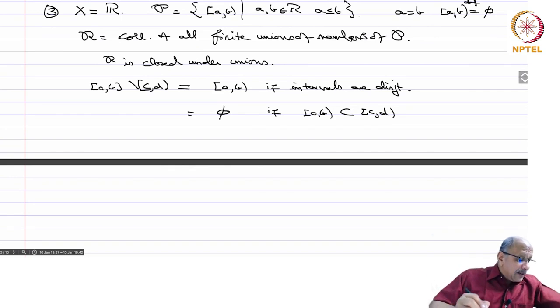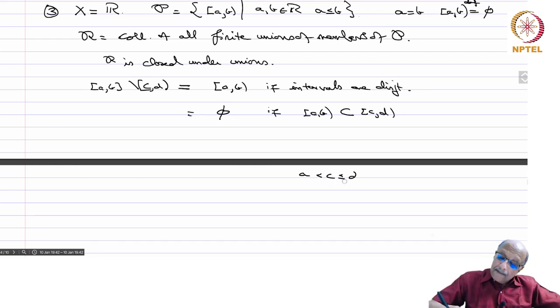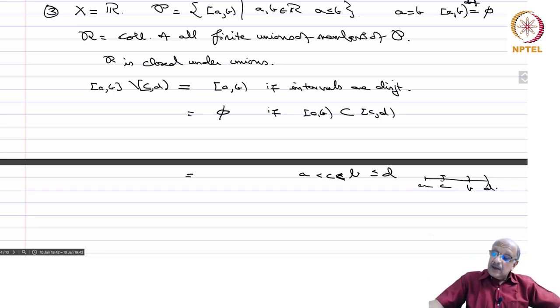And then if A is less than C, less than or equal to D, less than B, then you have [A,B) minus [C,D). So you have [A,B), and then C is somewhere in between, and D is here. So [A,B) minus [C,D) is nothing but [A,C).